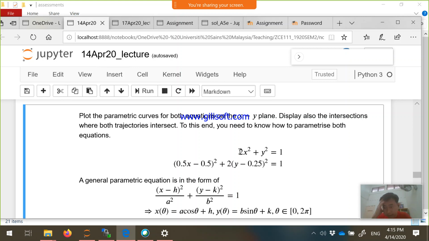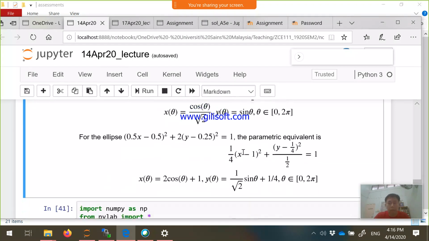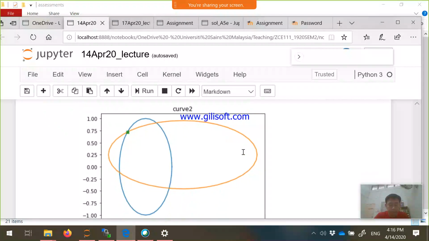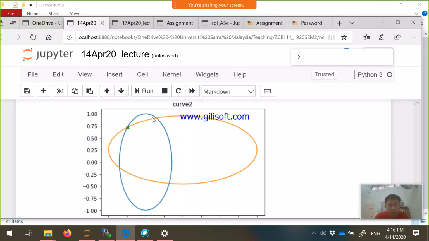Now you should understand what you mean by parametric equations. The parametric equation is a set of equations that describes the locus of some curve. So for example, this is a collection of coordinates for one curve, and sometimes we call this the locus. So you can describe a pair of parametric equations.